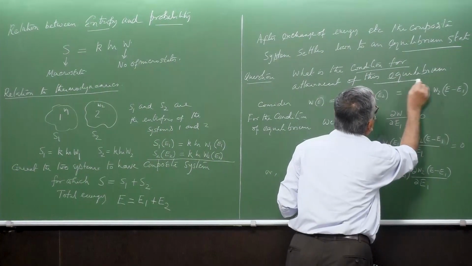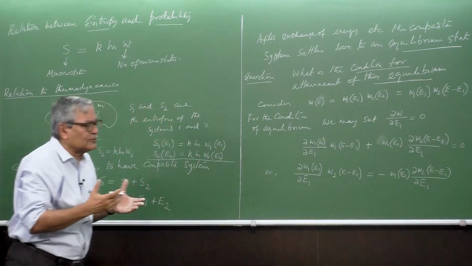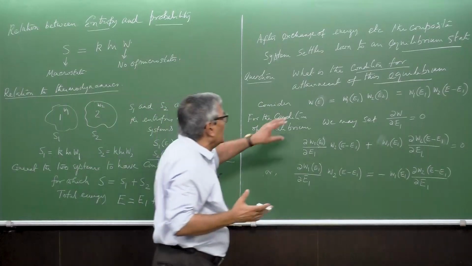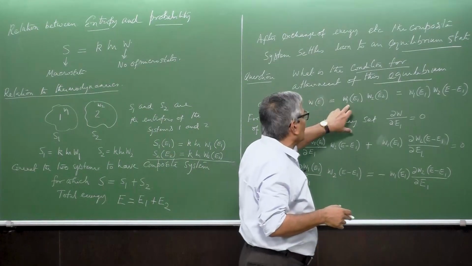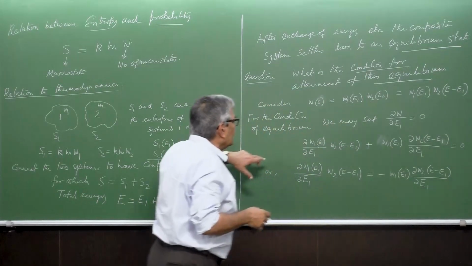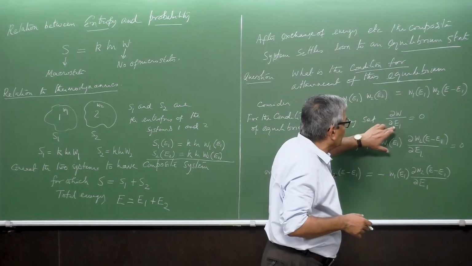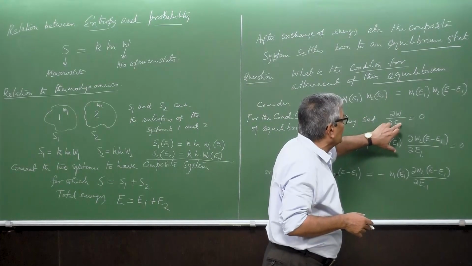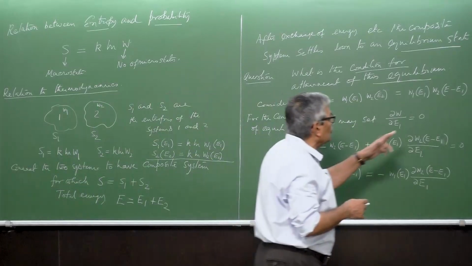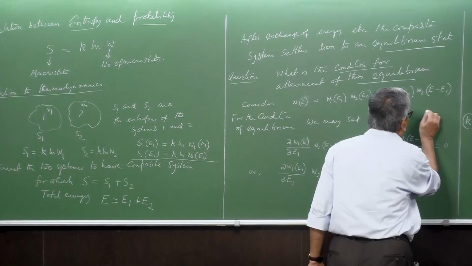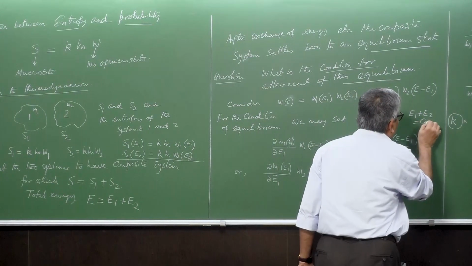That was the question. So I started with this: if I maximize the total W for the composite system, which is the product of the two, then I set that this does not change with the variation of energy, and that gives me the condition. Of course, this is subject to another condition, that E1 plus E2 is equal to constant.